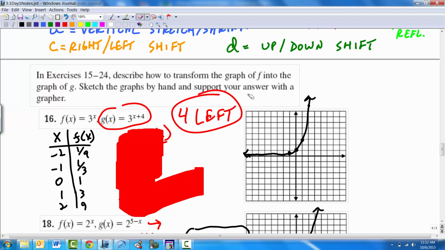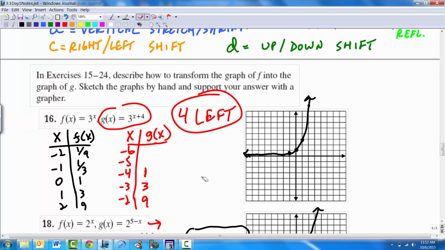And you can actually have this happen. It's very simple. What do you start by plugging in? 0? No, because you get 3 to the 4th, which is 81. 0, 81. You plug in negative 4. What's negative 4 plus 4? 0. What's 3 to the 0 power? 1. There's your starting point of where 0, 1 ended up. It got moved 4 to the left. Okay, so negative 4, 1 instead of 0, 1, the parent.